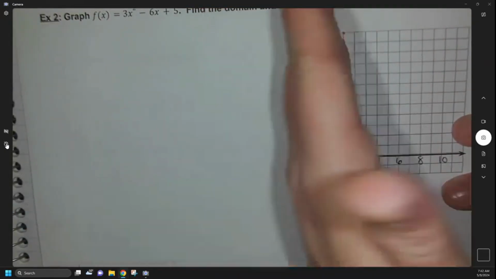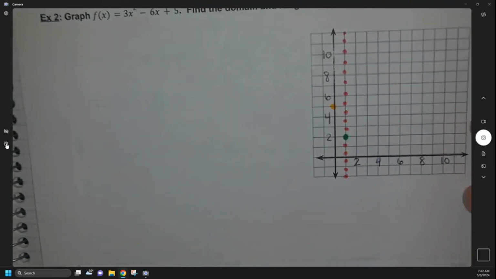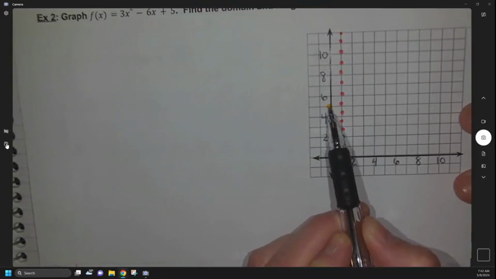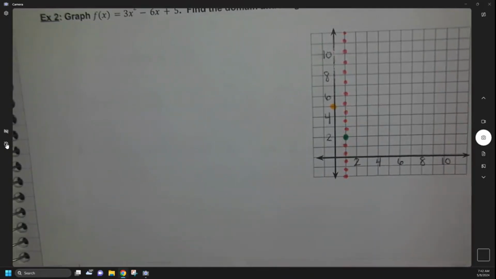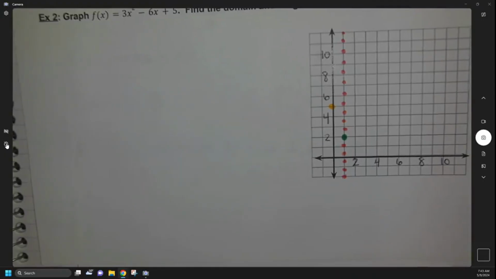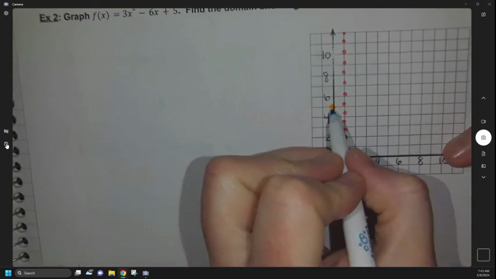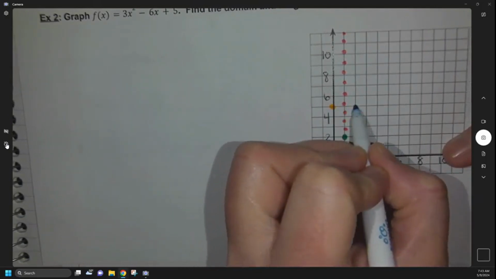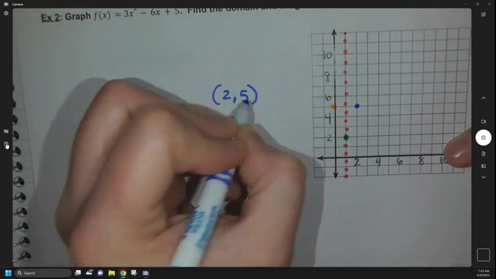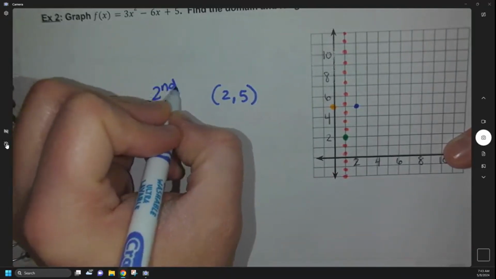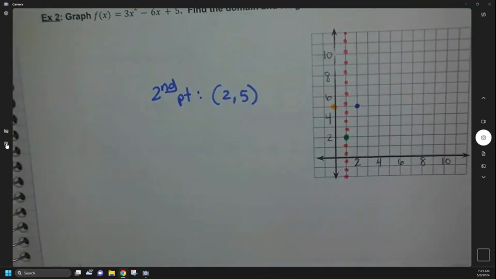We're going to use this idea to find another point. Remember, the axis of symmetry means I can take this and fold it directly onto itself. Looking at my graph, this y-intercept is 1 space away from my axis of symmetry. So my second point is also going to be 1 space away from my axis of symmetry, at the same height of 5. That's the location 2, 5.